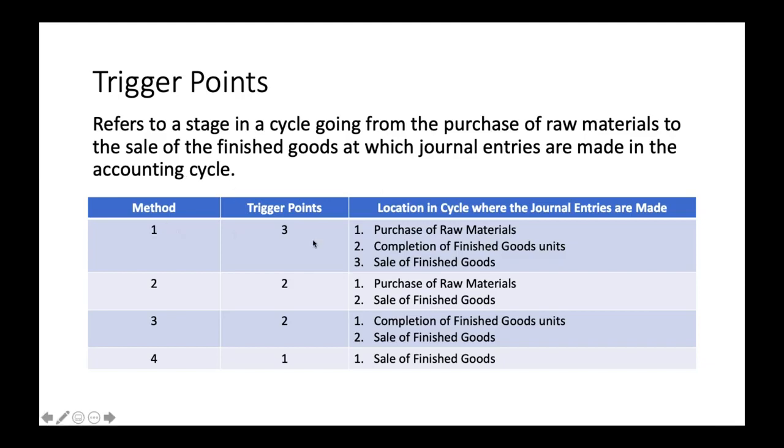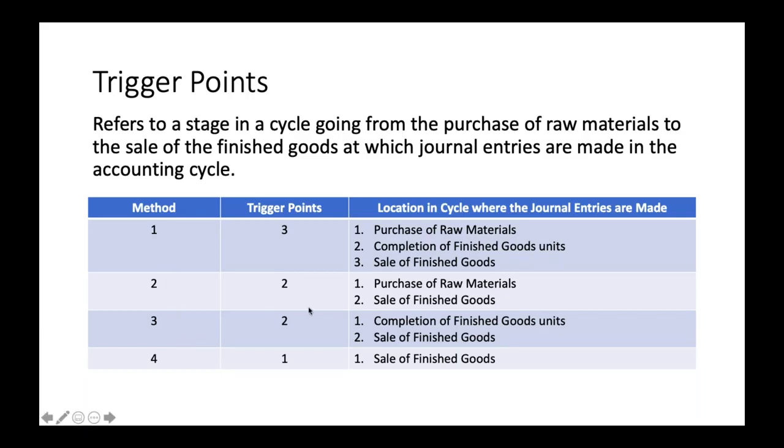So for method one, we have three trigger points: upon purchase of raw materials, upon completion of the finished goods, and upon sale of the finished goods. So upon purchase, we will make a journal entry to account for the inventory of the raw materials. And then upon completion, we will make journal entries to account for the inventory of the finished goods. And of course, for the sale of the finished goods, for the cost of goods sold.